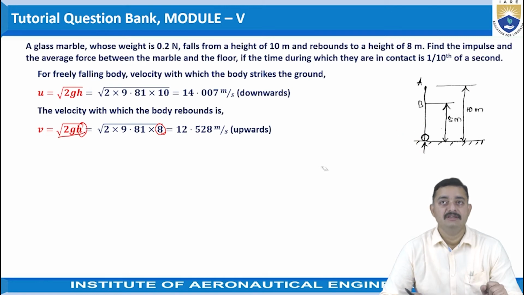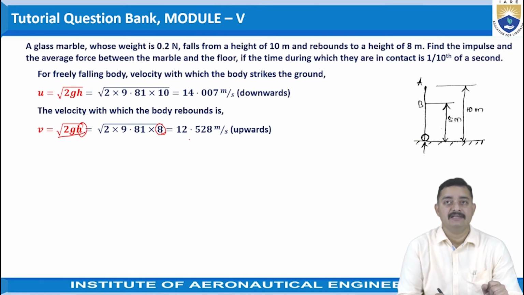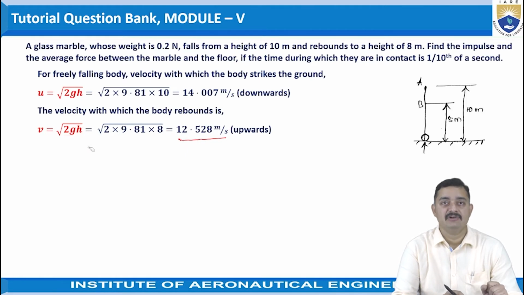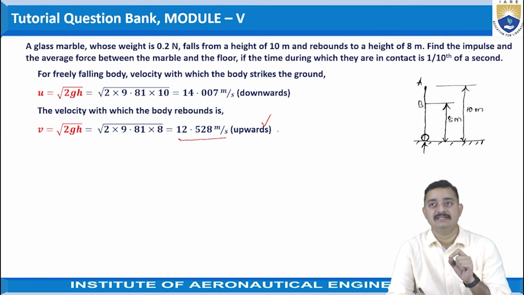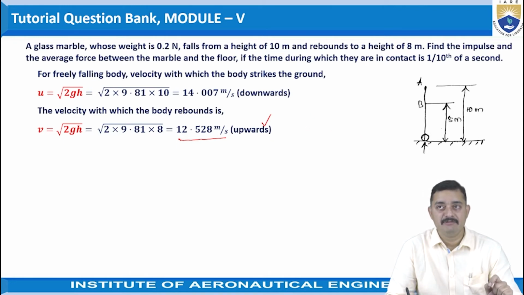In this way, we get the value as 12.528 meters per second, and this velocity is in the upward direction.